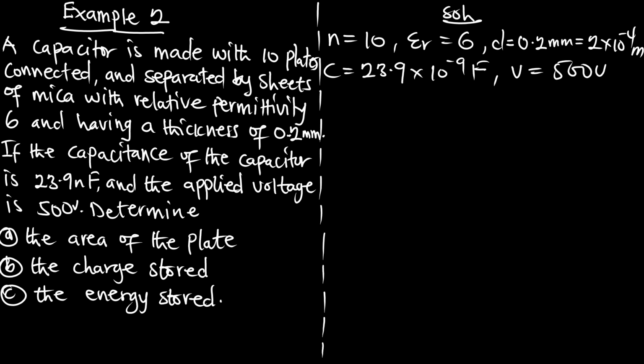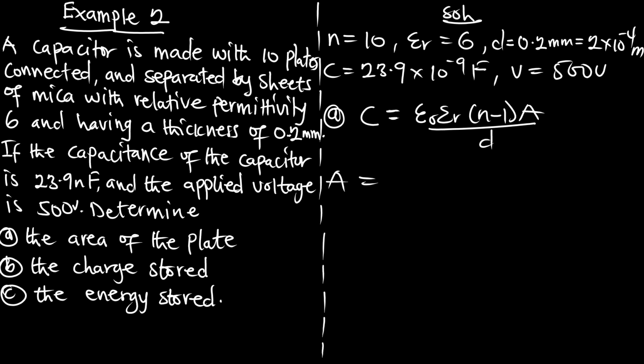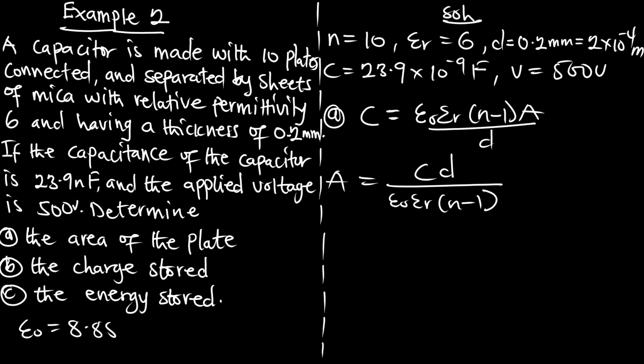So very simple, we can calculate the area. We know that for a capacitor with n number of plates, we are going to have our capacitance C equal to this formula, and now we are interested in finding the area. So the area is going to be the capacitance multiplied by the distance, everything over the rest. Are we okay? So here, let's take the permittivity of free space to be 8.85 times 10 to the power negative 12.